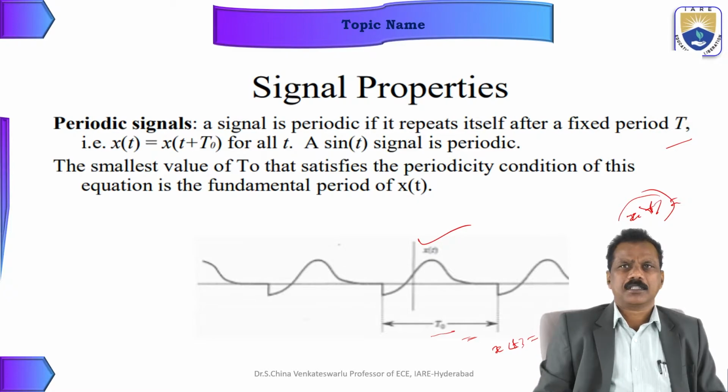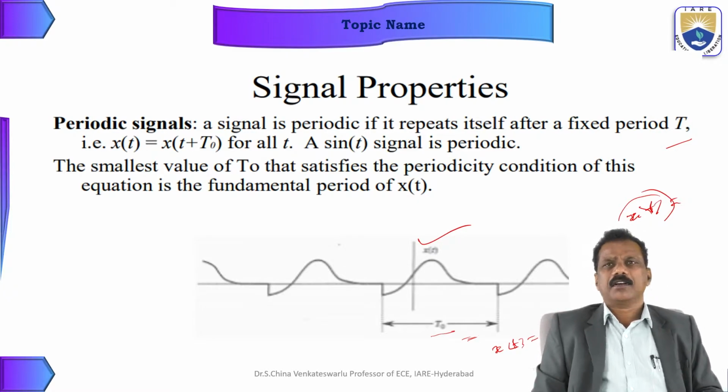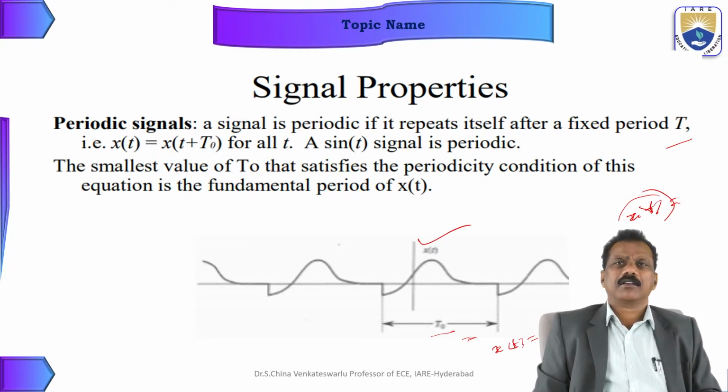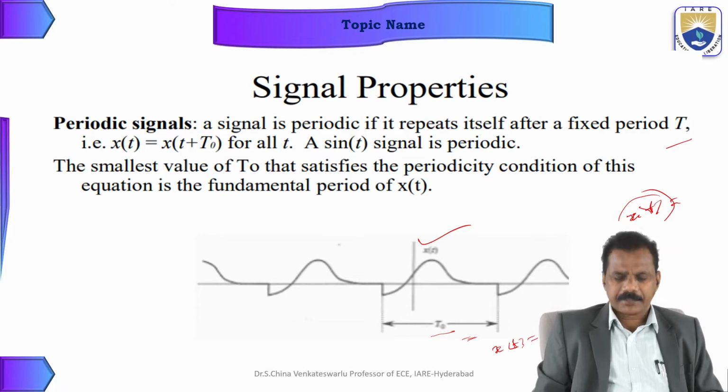So like this, the smallest value of T naught that satisfies the periodicity condition of this equation is the fundamental period of x of t.